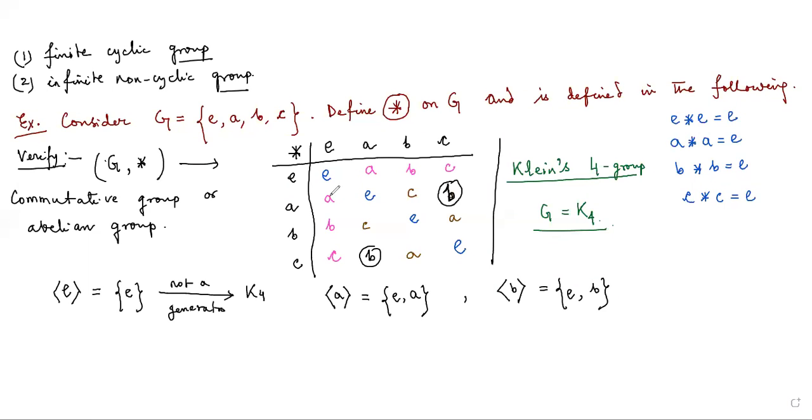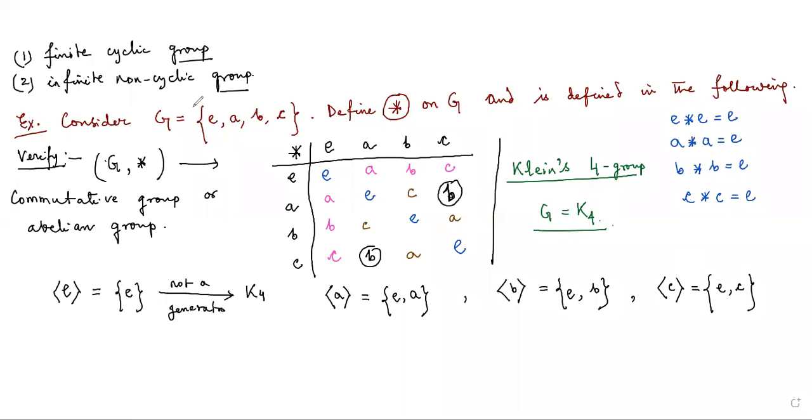No power of B generates A or C. Similarly, C generates the element E and itself. No power of C generates A or B.